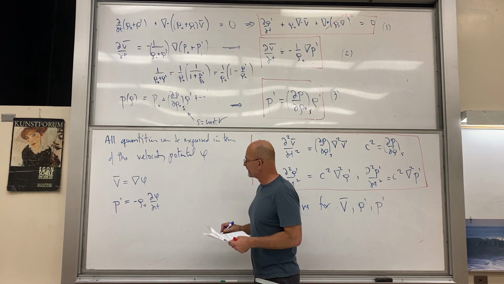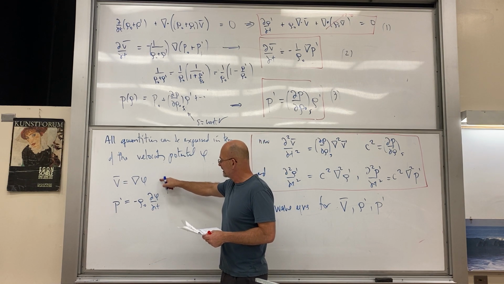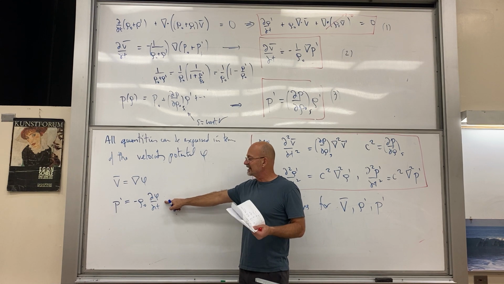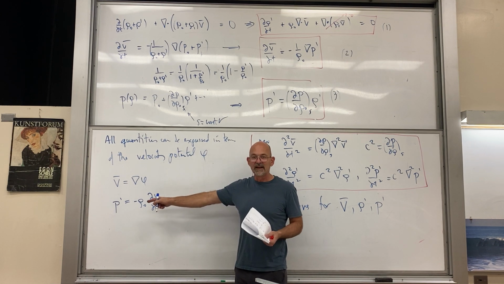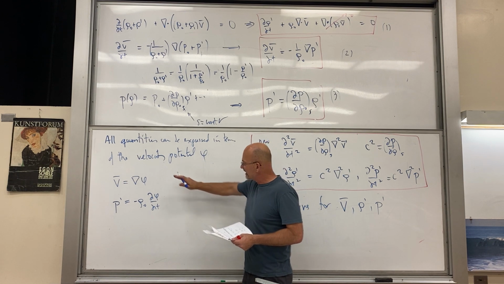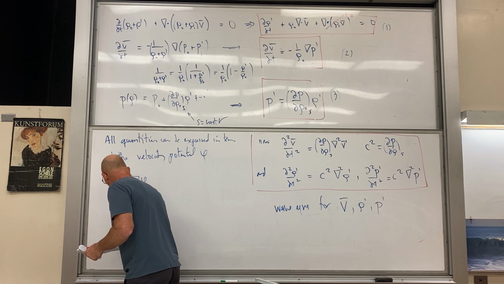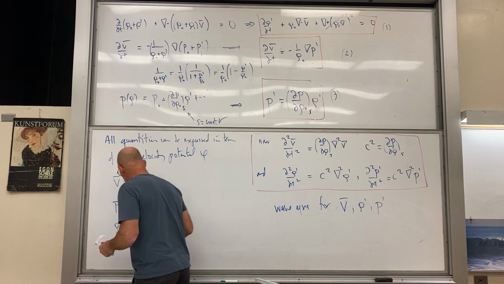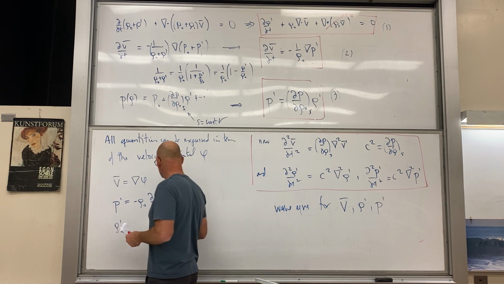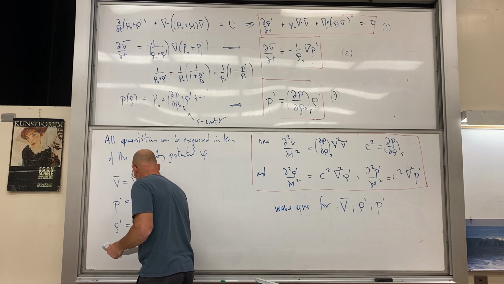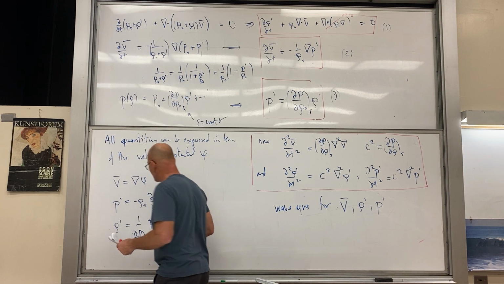Again, if p prime satisfies a wave equation, then so does d phi dt, then so does phi, okay? So that's going to satisfy the wave equation, and if p prime, then rho prime, which is just proportional to p prime, was 1 over the constant-s derivative of p with respect to rho, times p prime.